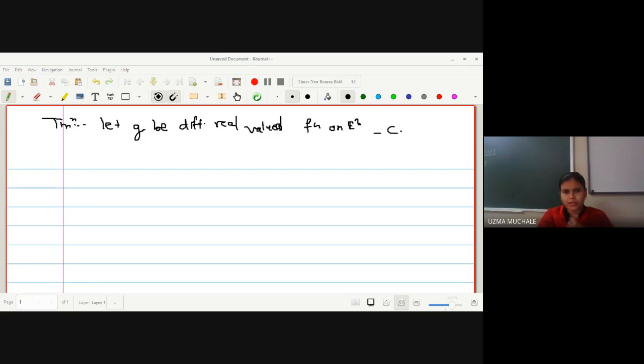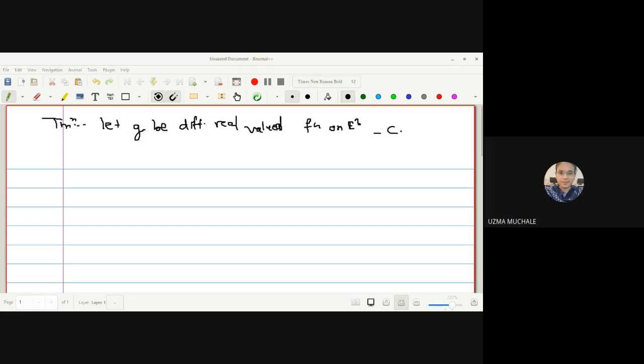The subset M of E3. What is M in this case? It is the object we are going to define, and later on we'll say whether it is a surface or not. The subset M with the condition that g of xyz is equal to C.